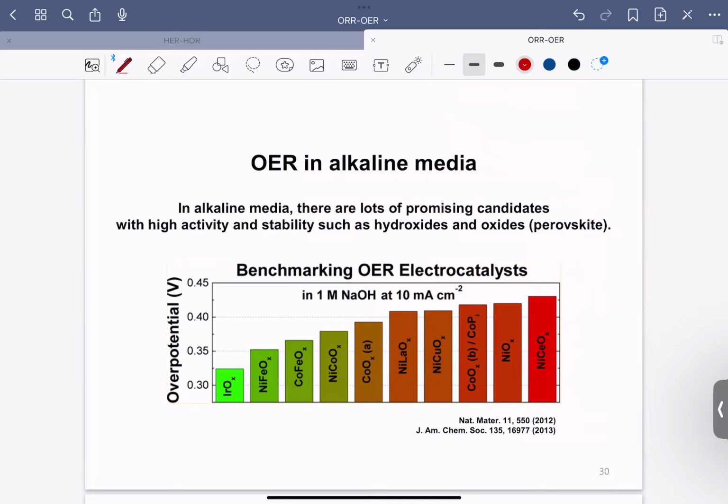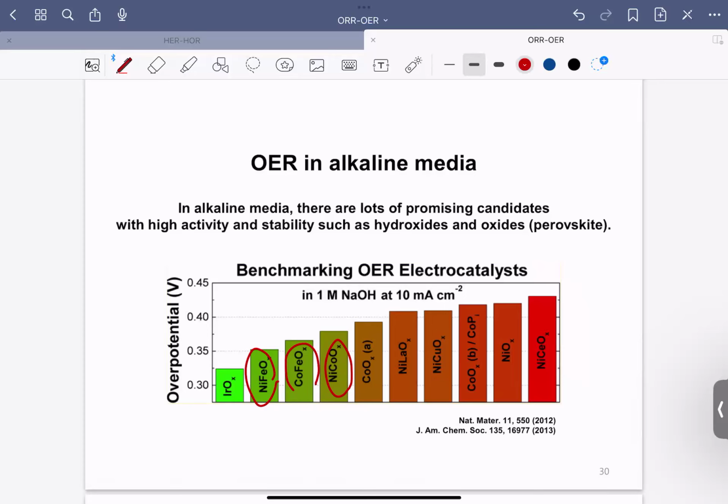But if we move to the alkaline media, not surprisingly, we can utilize 3D transition metals, for example nickel, cobalt, or iron, something like that. It is really good news for us because we can utilize relatively cheap materials if we focus on the alkaline media, and the activity is really good compared to the platinum group metal cases, right?